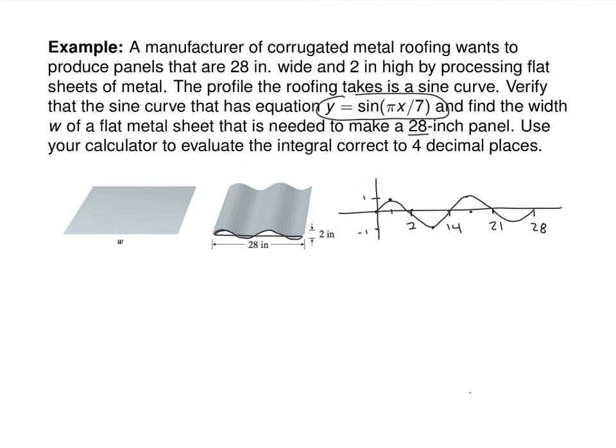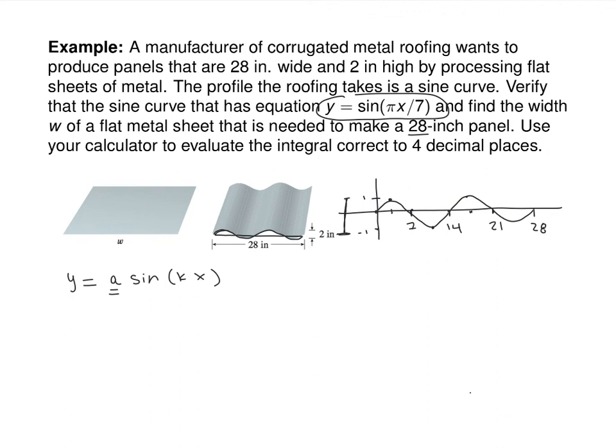So they told you what the curve is, and in real life that might not happen, so you've got to figure out how you would come up with that curve on your own. First of all, assuming your curve starts at 0, you know it's going to be a sine curve, a sine of kx. So what you've got to figure out is there's some number in front and some number inside with the x. The number in front describes how far up or how far down the sine curve goes.